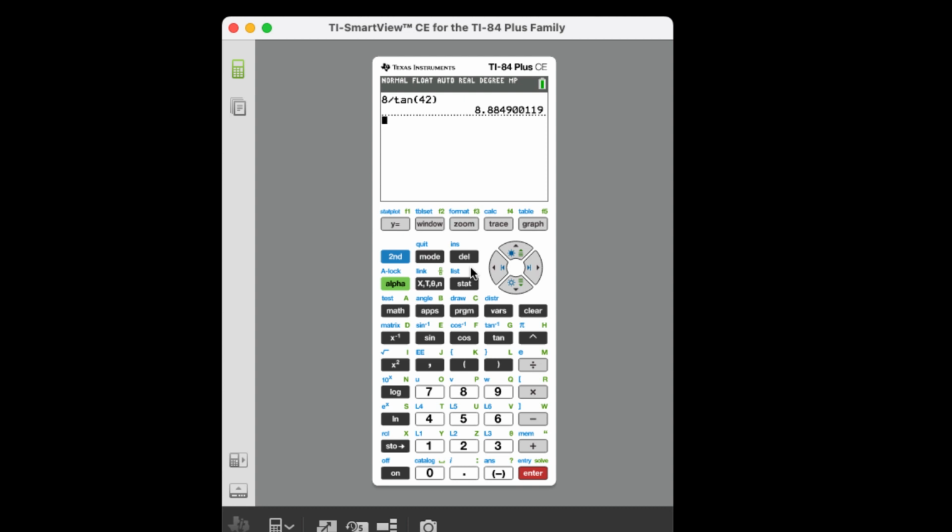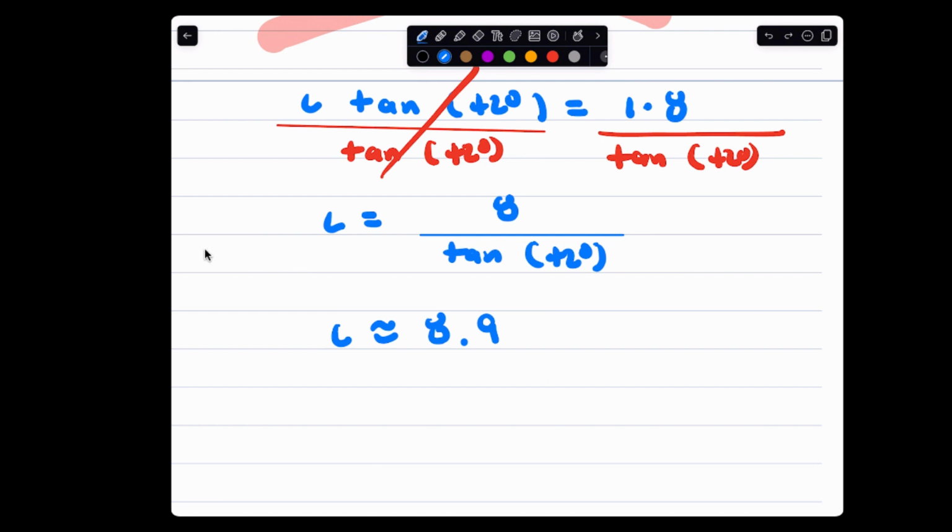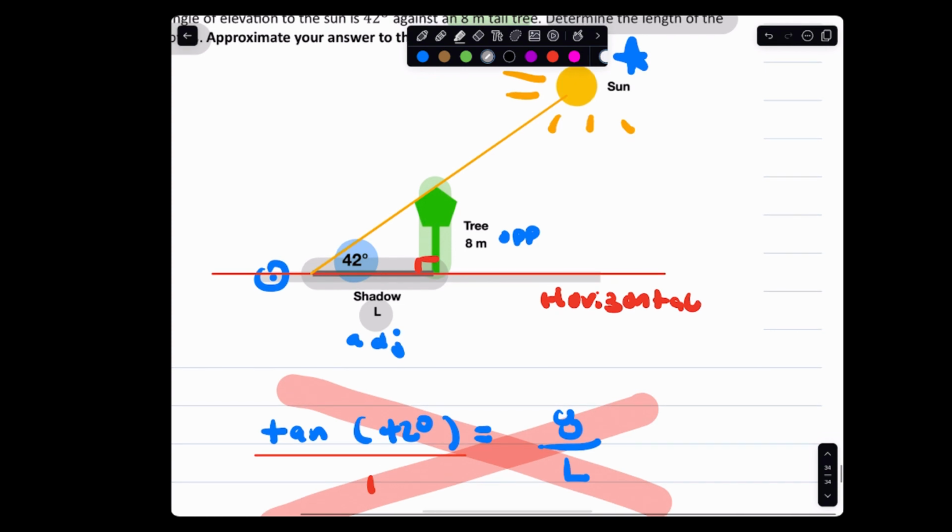It's 8.9. What are the units? 8.9 what? Meters. So the shadow length is 8.9 meters. You're going to go back here and say 8.9 meters.